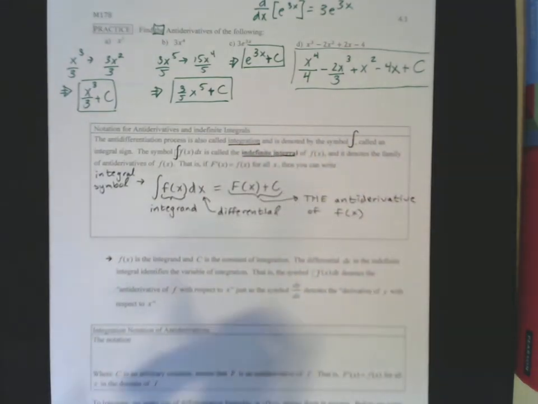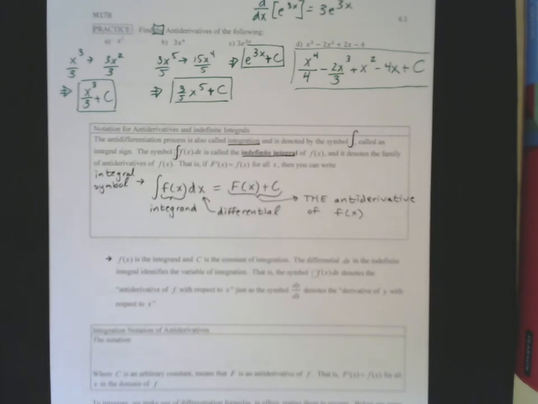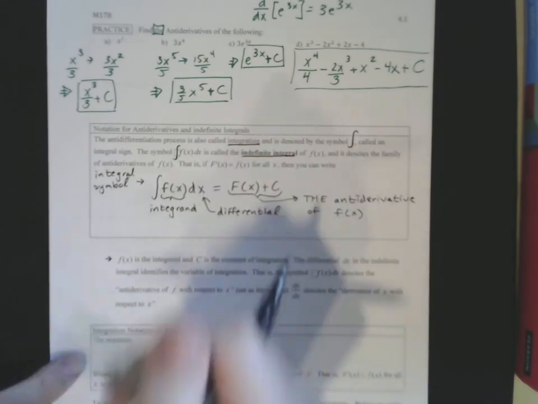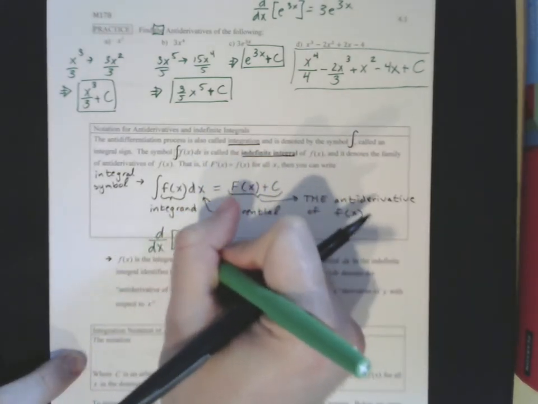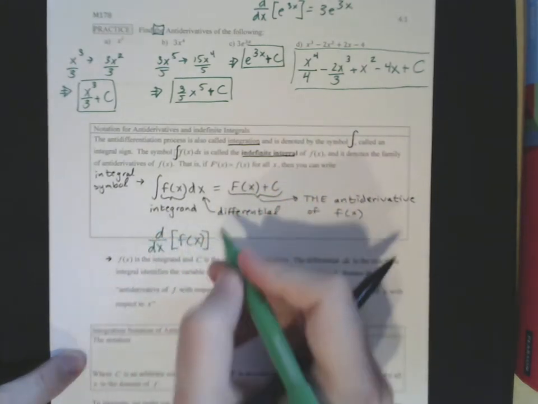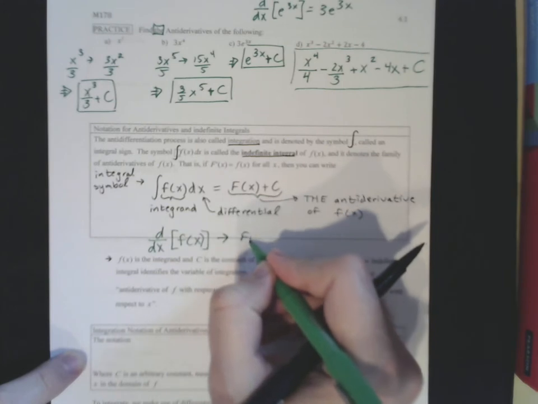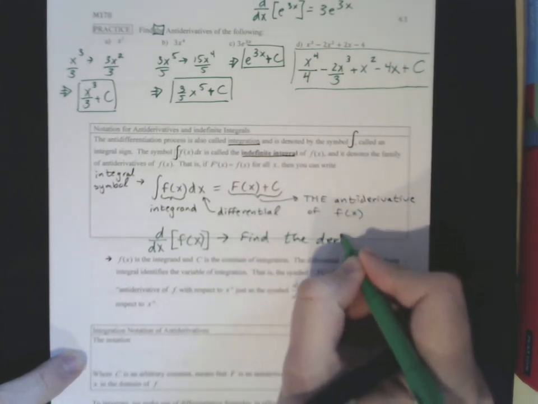So this symbol here, the integral symbol, the integral is not the antiderivative. So the integral, just like our differential operator, just tells us to find the antiderivative. So we know that d dx on f of x tells us to find the derivative, actually calculate it out.